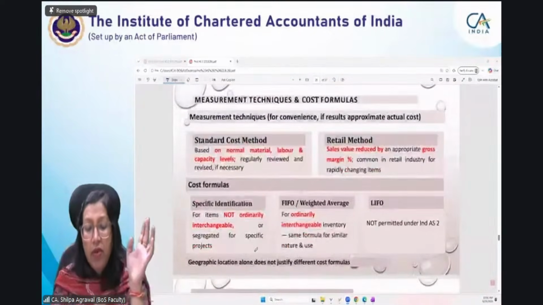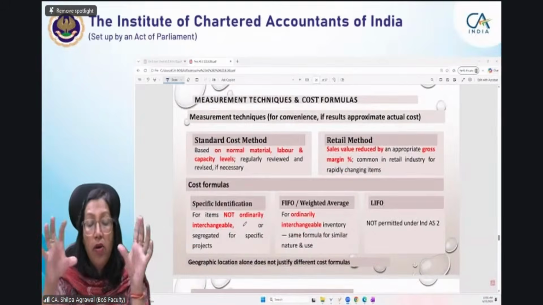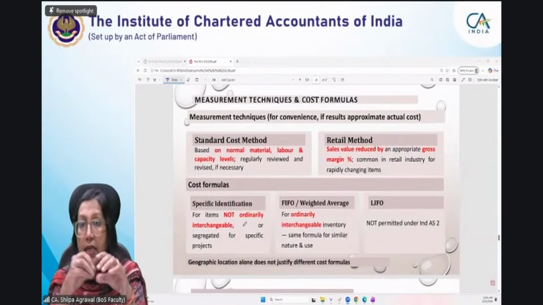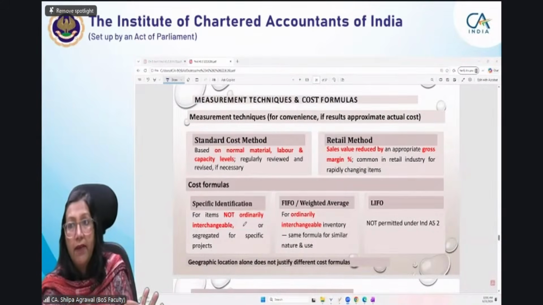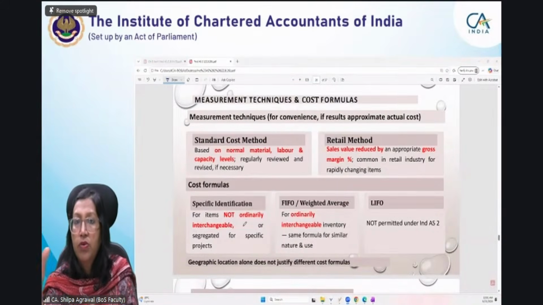Now when goods are not ordinarily interchangeable, मीन्स जो आपने खरीदा वो अलग से आप आइडेंटिफाई करें कि इसकी क्या कॉस्ट है, और कोई दूसरा आइटम आपने परचेज किया.